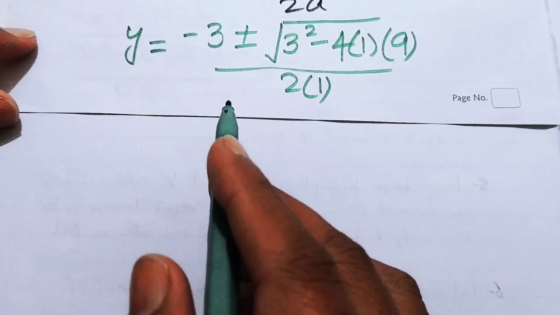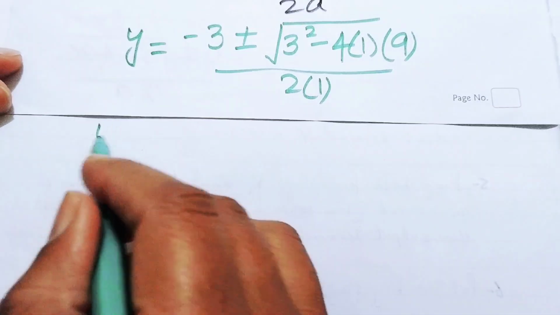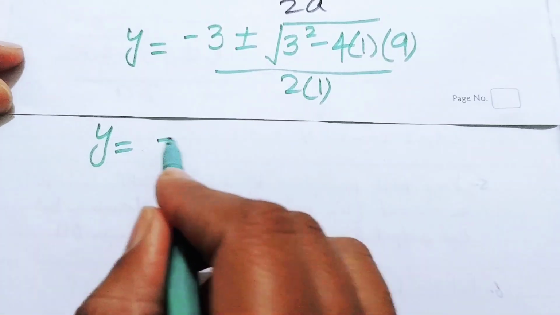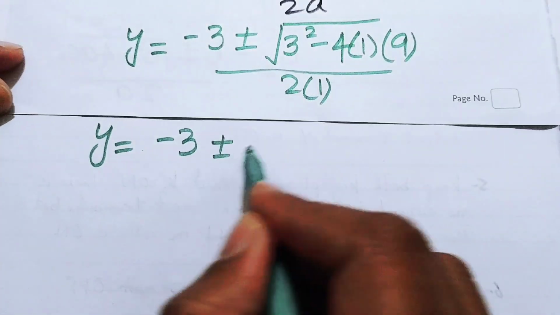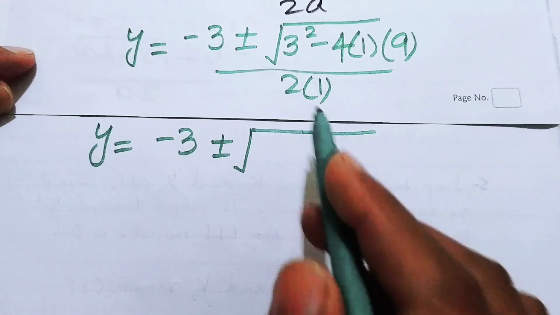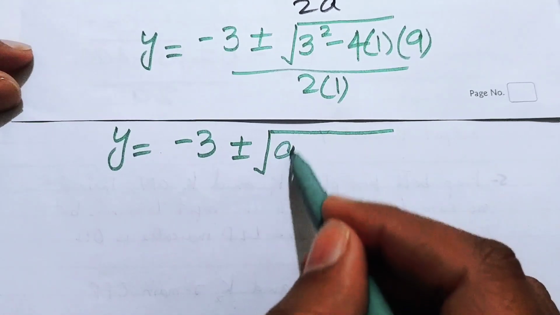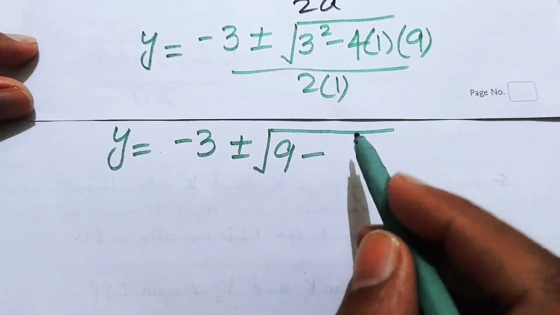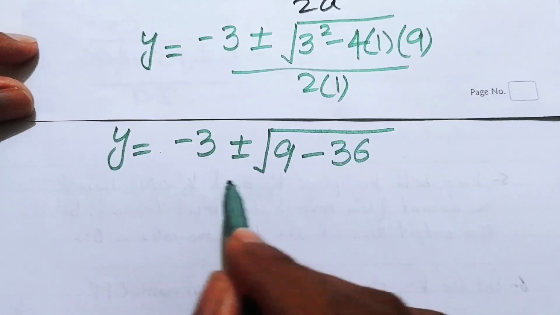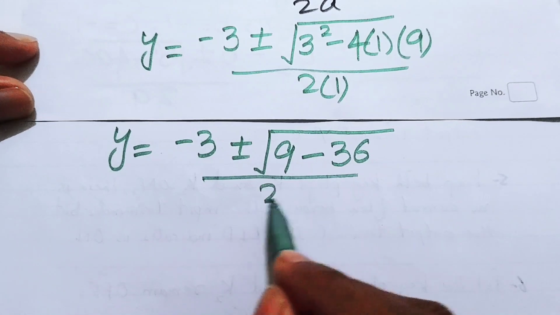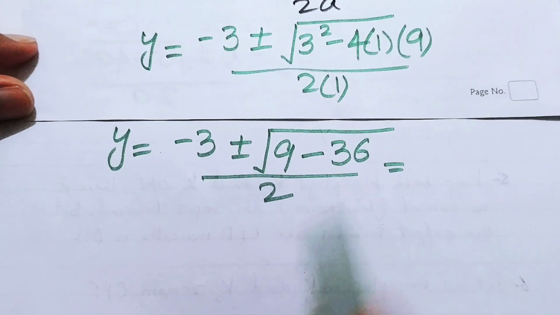Here we need to do a little bit of simplification, and we obtain y equals minus 3 plus minus square root of 3 square, and you know that 3 square equals 9, minus 4 times 9 will be 36, divided by 2 times 1 is 2.